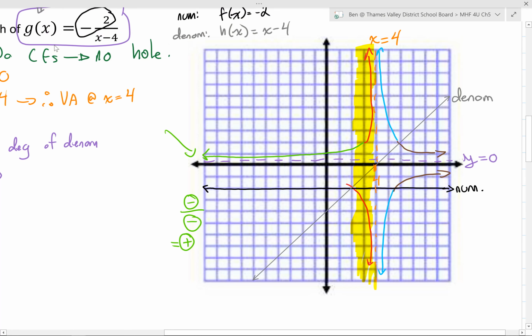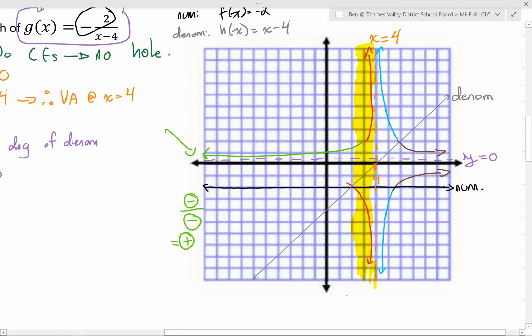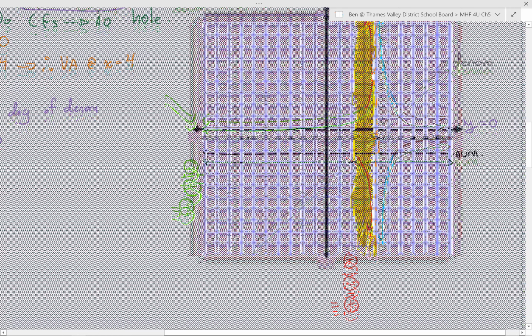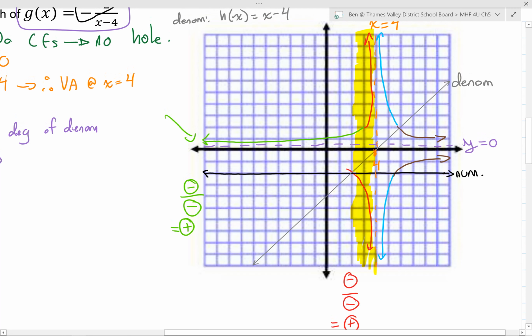Here I have a denominator that is below the x-axis, and a numerator that is still below the x-axis. My numerator will always be below the x-axis in this case because it's a straight line. So it's a negative divided by a negative. Again, it's a positive. So that means the red portion that I'm working with here is above the x-axis.